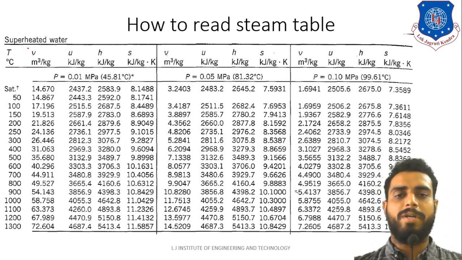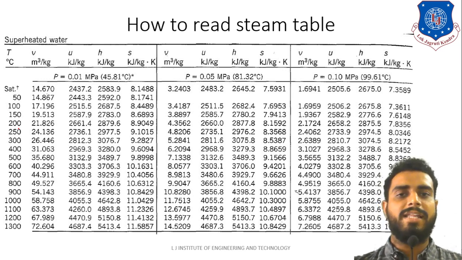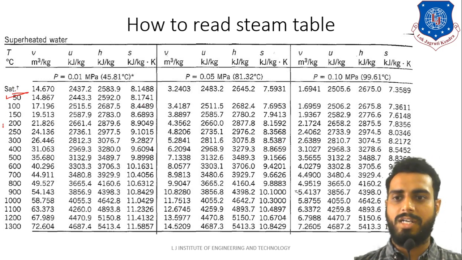Then you can directly identify the enthalpy from this table. As you can see in this table, the temperature is given, saturation temperature is given, and pressure is given over here.